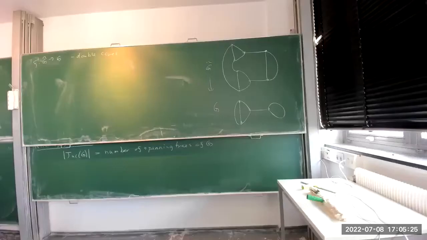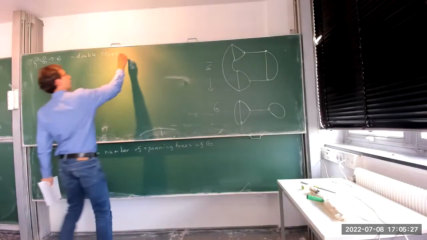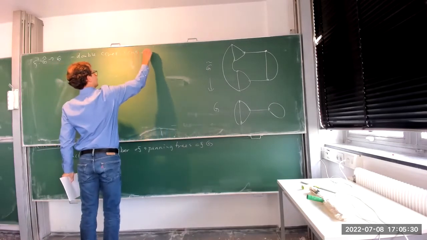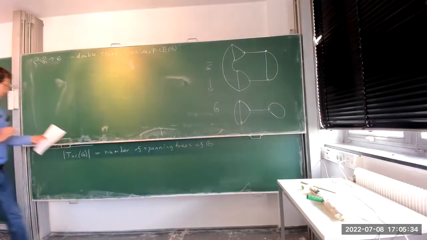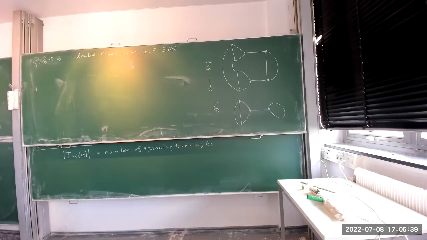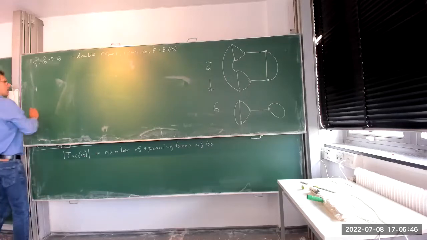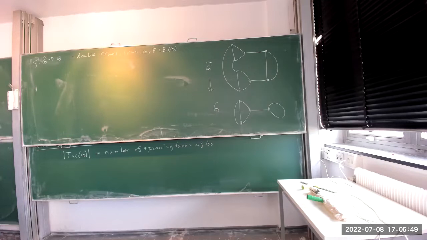And I want to consider subsets F of the edge set of the target graph G, with the following property. Removing these edges may disconnect my graph G. But I want it to have the property that every connected component that I have still has connected preimage in G tilde. Okay, so this is the key property I want to write down.